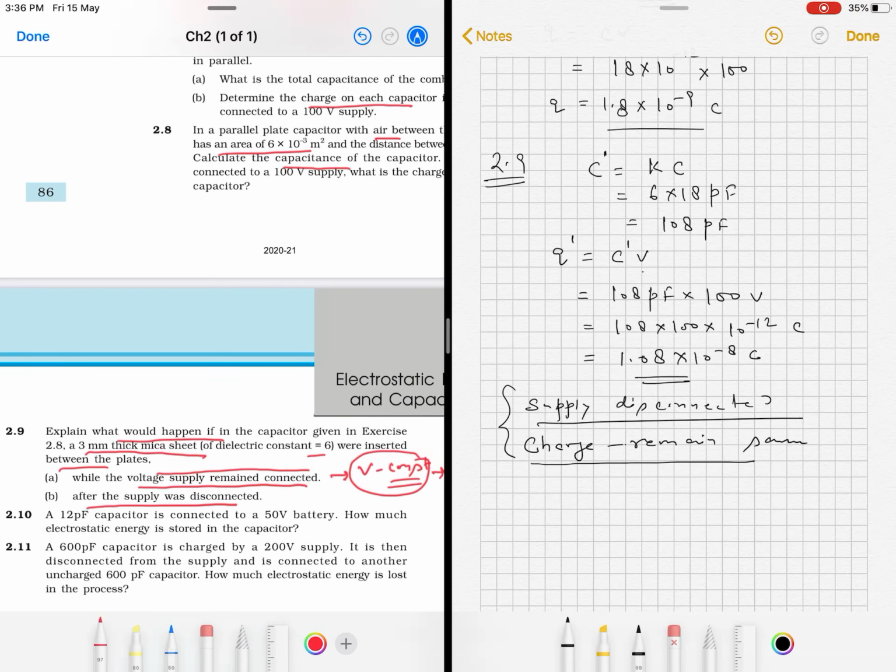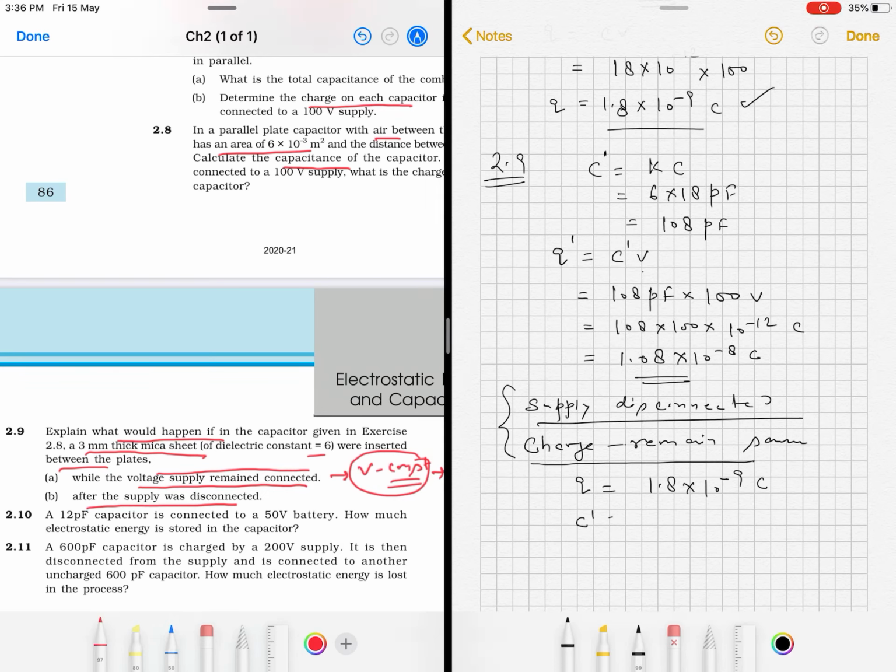So this is the important concept for this question. The charge will remain same, and the initial charge was 1.8 into 10 to the power minus 9 coulomb.